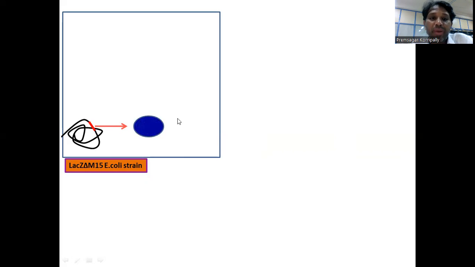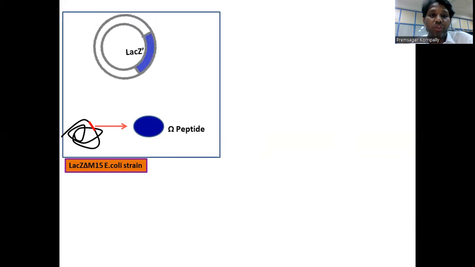right? So this bacteria, if you transform with the pUC18 vector, then what will happen? The pUC18 vector has a LacZ prime region, which encodes the alpha peptide. So the alpha peptide from the pUC18 and the omega peptide from the genome both associate and form a functional tetrameric beta galactosidase.